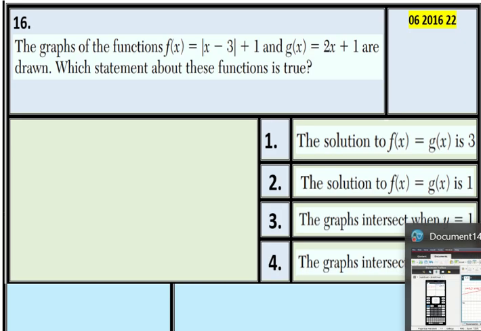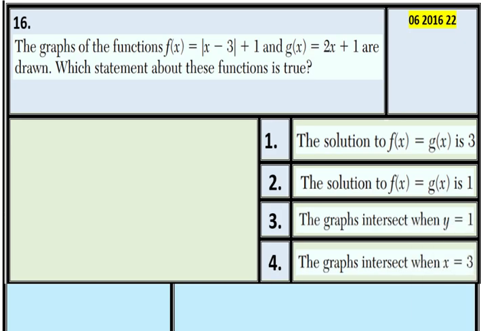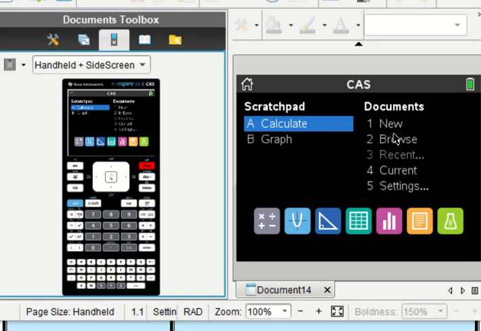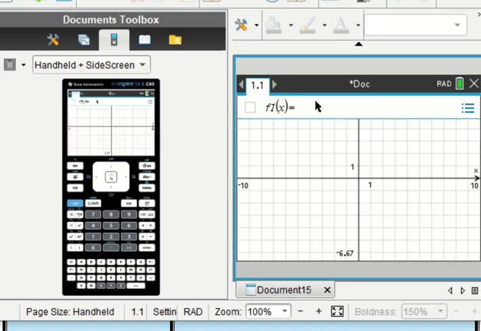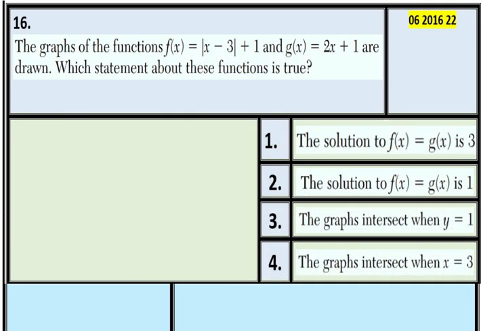So let's go to our graphing calculator page. Okay, so home screen, new doc, say no to save, add a graph page. So the first thing, this function says absolute value, in those bars, x minus 3, plus 1.